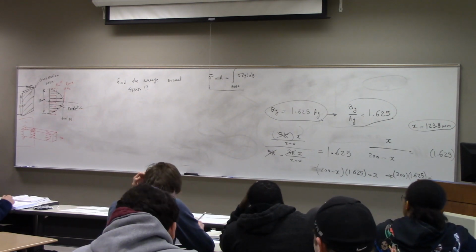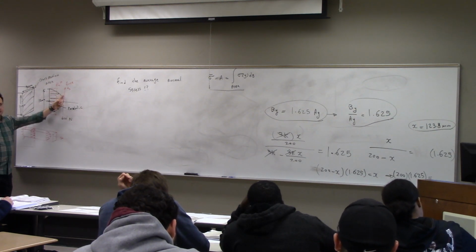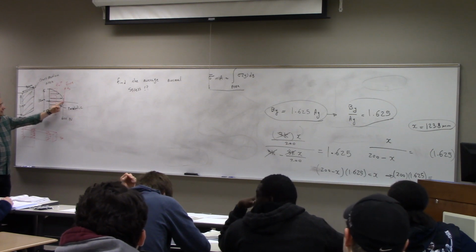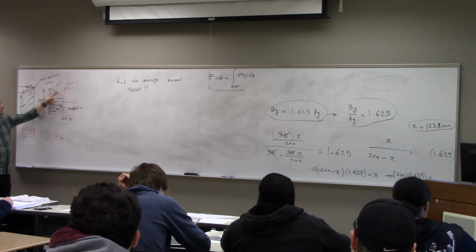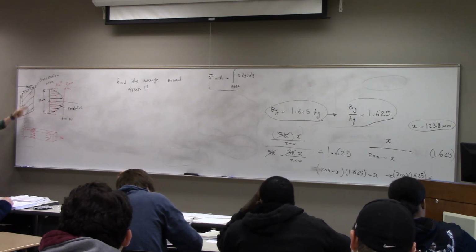You can do this roughly, for example. Let's say everywhere I have 600 units, although it's not right, since only at the center you have 600 and then it goes to 0. If you have 600 everywhere, then what is my average stress?